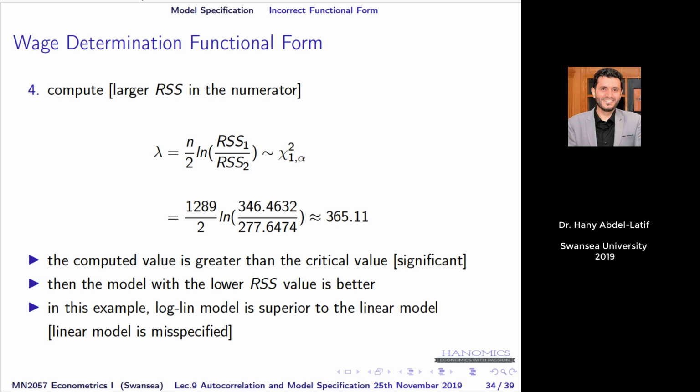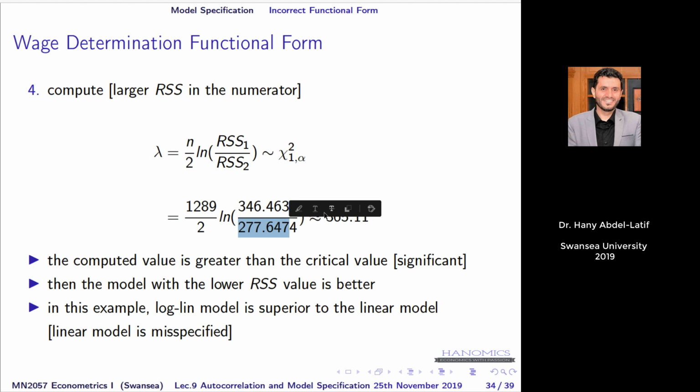This statistic, lambda, is n over 2 times the log of RSS1 over RSS2, where RSS1 is your larger RSS, from whichever regression, and then the smaller one here.